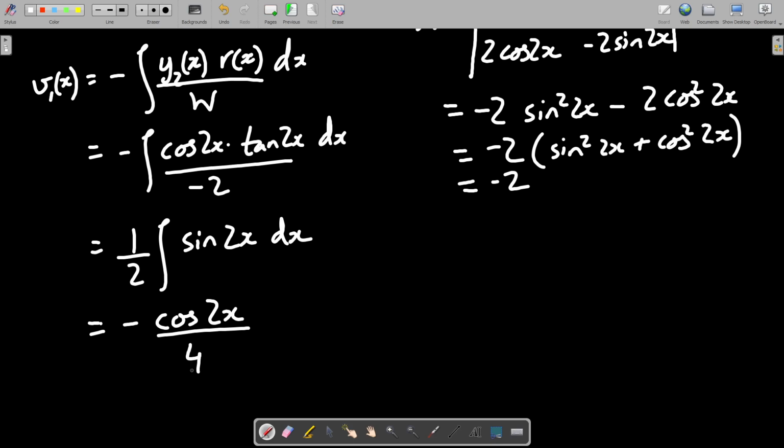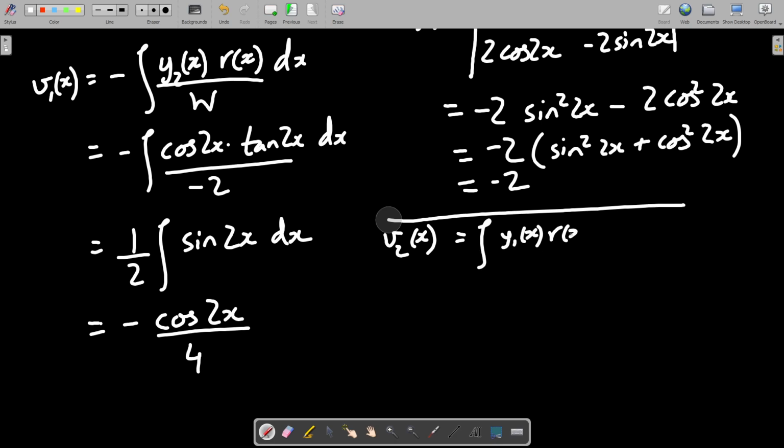So this is done, v1 we found out. Let us calculate v2. This might be a little troublesome, I feel. That term may not get cancelled. So v2 is the integral of y1 of x into r(x) upon W dx.